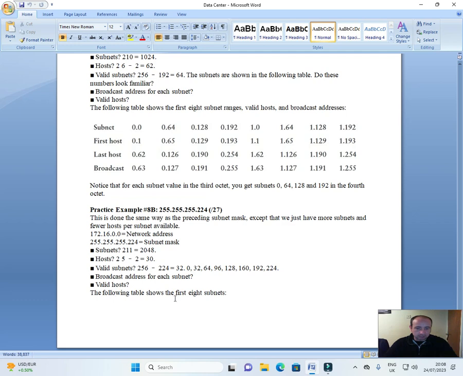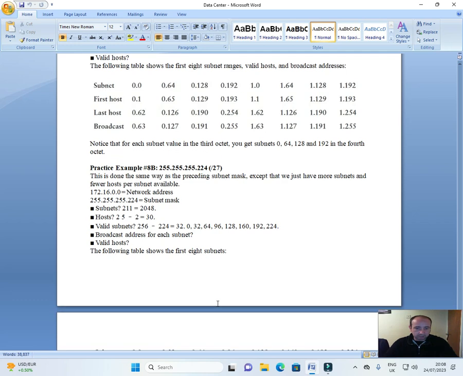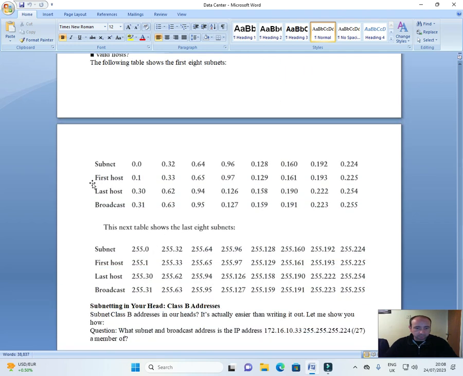The following table shows the first 8 subnets. Subnet: 0.0, 0.32, 0.64, 0.96, 0.128, 0.160, 0.192, 0.224. First host: 0.1, 0.33, 0.65, 0.97, 0.129, 0.161, 0.193, 0.225.